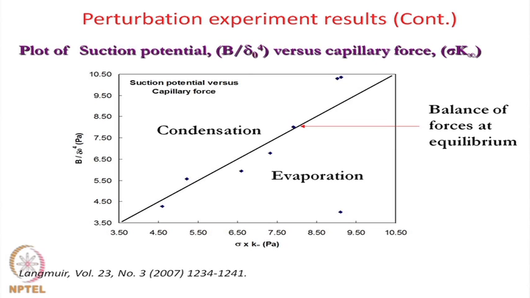So, the straight line that you see is the 45 degree line, and you can see that the points are not exactly on the 45 degree line, except for one point which is marked by the red arrow. That point denotes a situation in which the two forces are balanced, and this can be called an equilibrium situation.